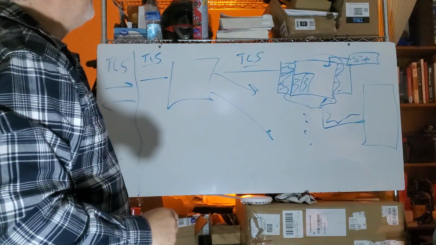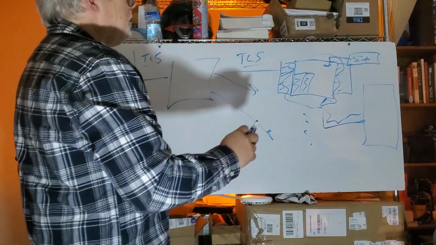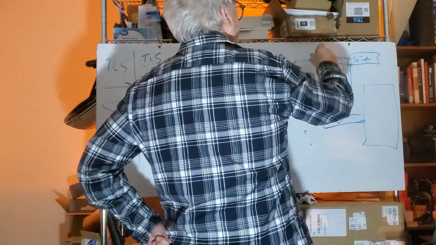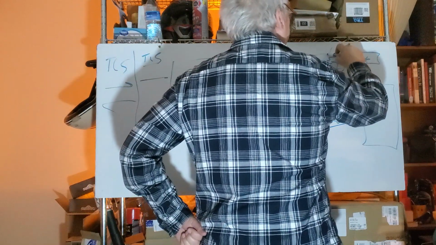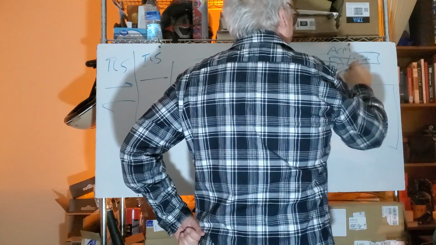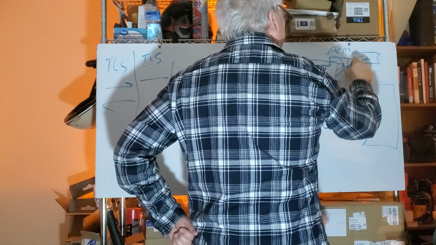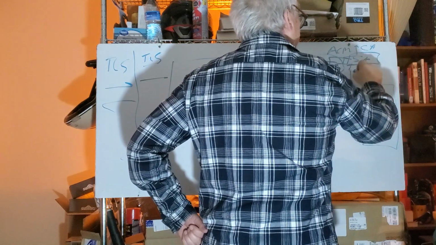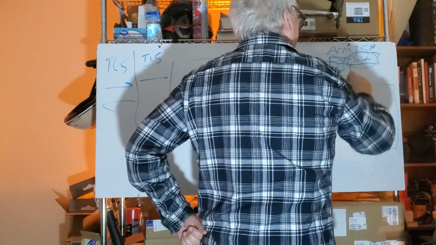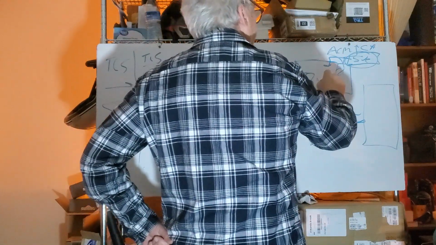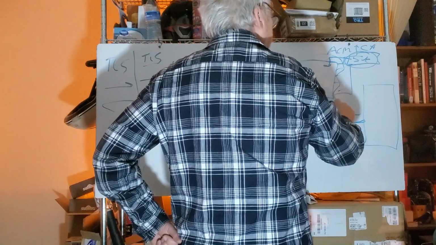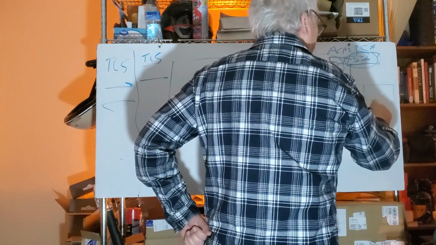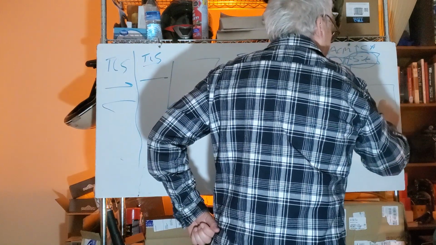So I've created an ACME module that will deal with the ACME certificate authority, get a secret key, and then encrypt the secret key and keep it in the database.